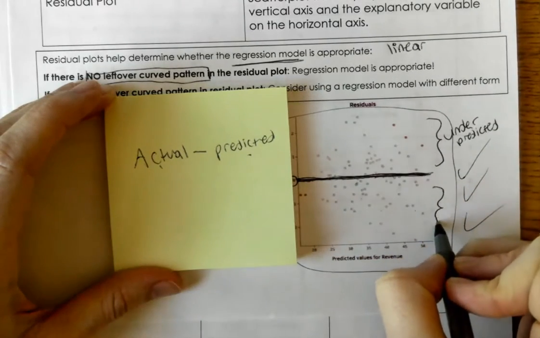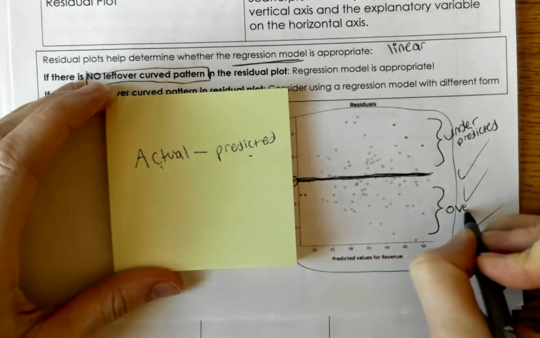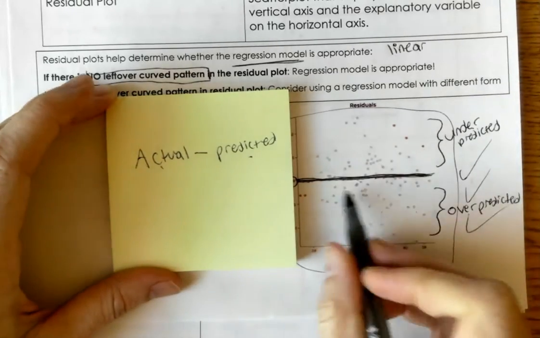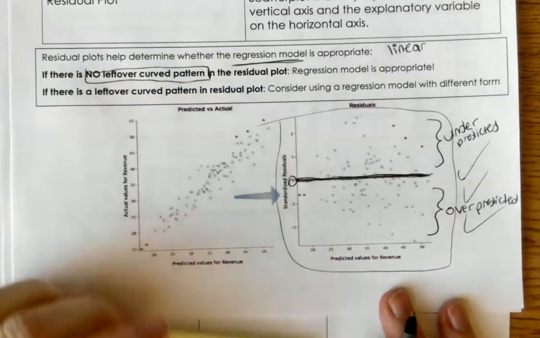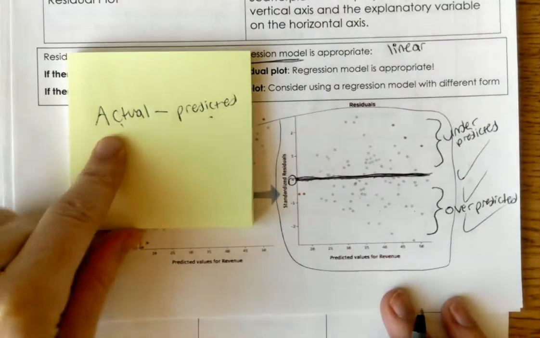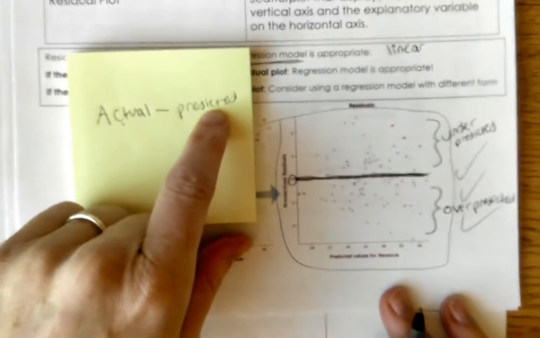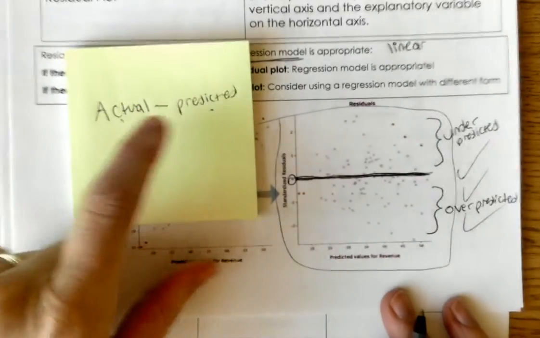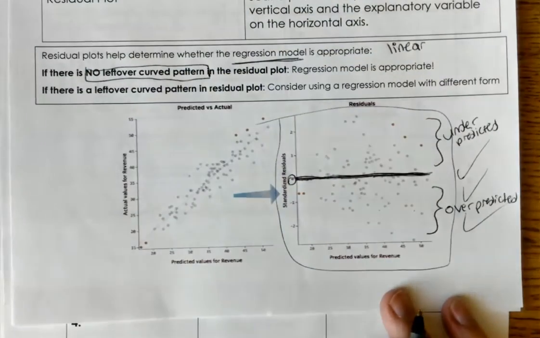All of these dots down here means we overpredicted. But we want our residual to be as close to 0 as possible, right? Each of these dots up top are underpredictions because positive means that our actual was more than our predicted. That's how we would get a positive number. We would get a negative number if our predicted was bigger than our actual.